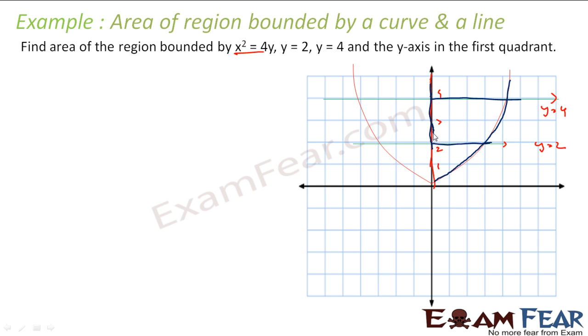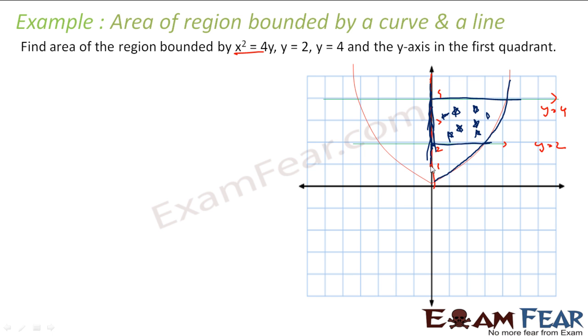So if you see, the area which is enclosed by all these blue lines is nothing but this area, the one with the stars. Thus I can say this is the area I am looking for, because this is the only area which has all these things, y equal to 2, y equal to 4, this curve and this y-axis.